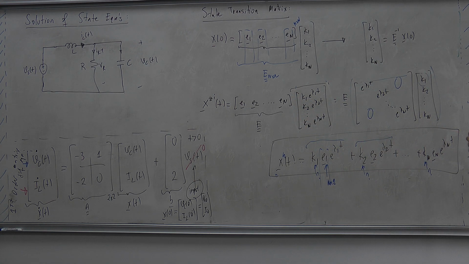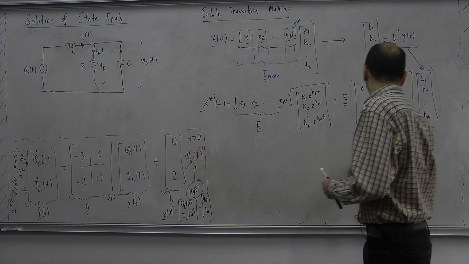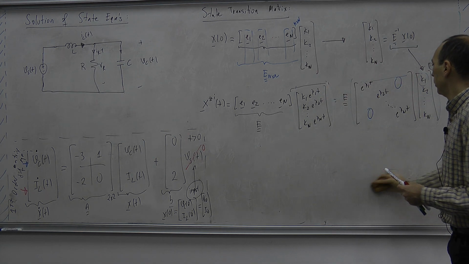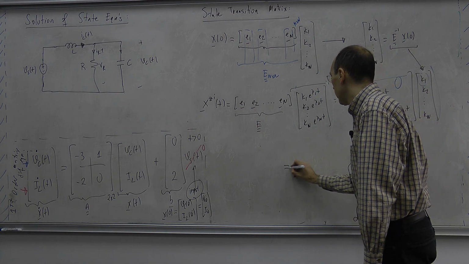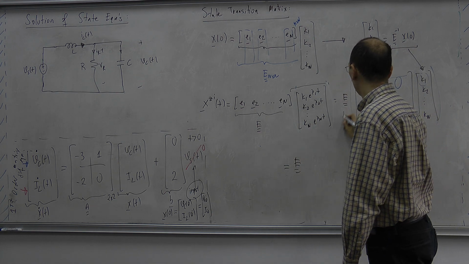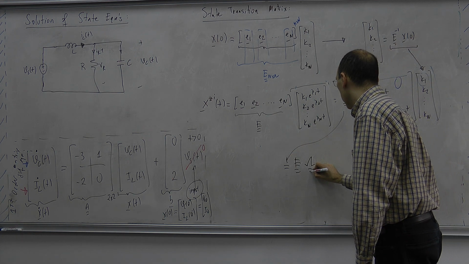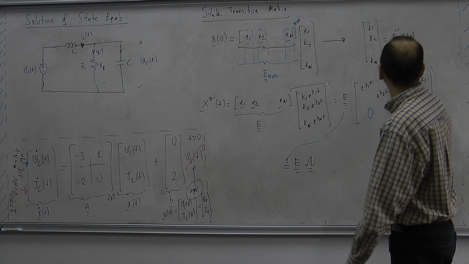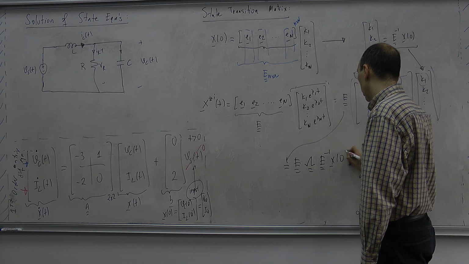So the nice thing is, right now I know this vector. So I can write my general solution, my zero input solution for an arbitrary initial condition, like this. So let me use this part. E matrix, this going this way, times, there is a matrix, I will call this something, and I have E inverse times the initial condition.